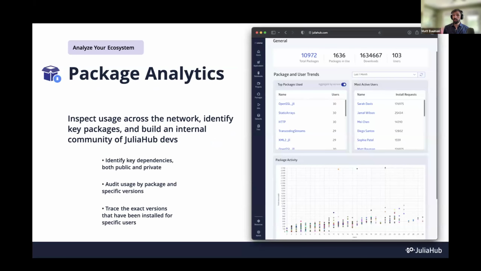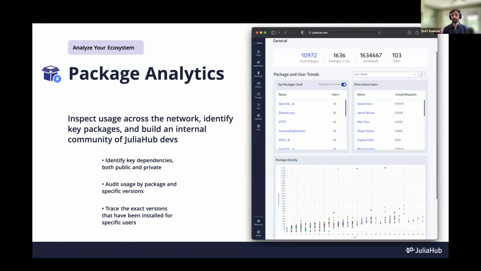Package analytics allow you to see exactly who is using the packages, what packages they're using, the key packages within your organization, and then traceability as well, which can be crucially important in cases where a vulnerability is found and you need to look and see, hey, which users installed this package. That auditing is built into the platform.